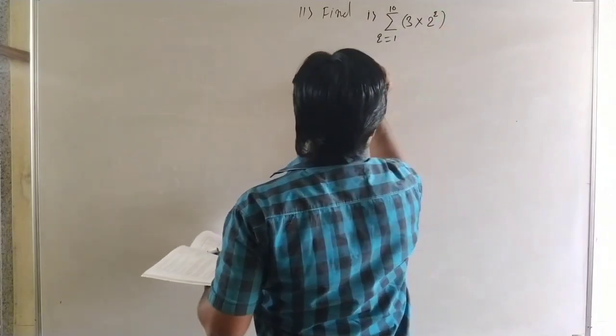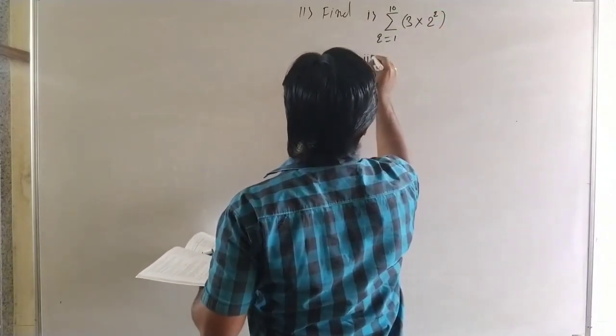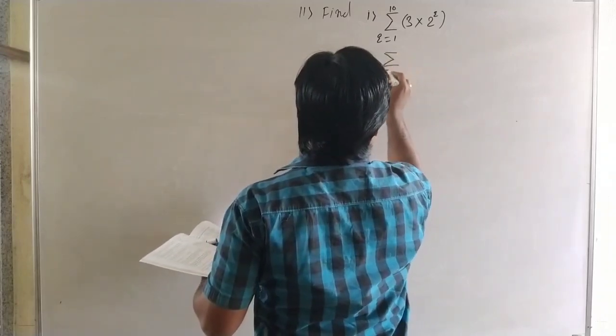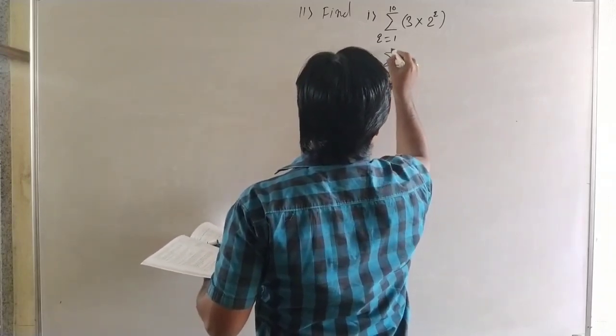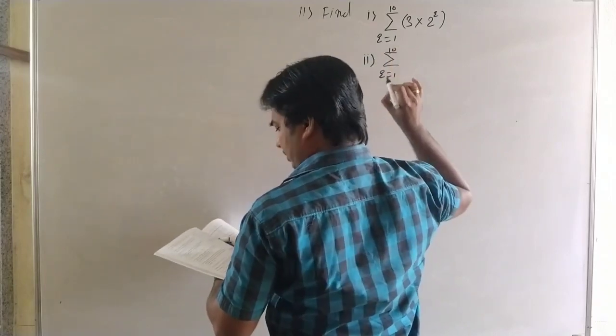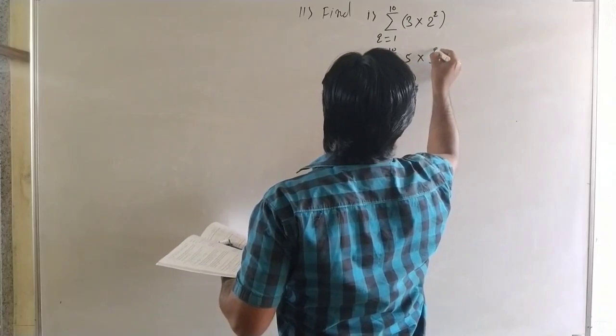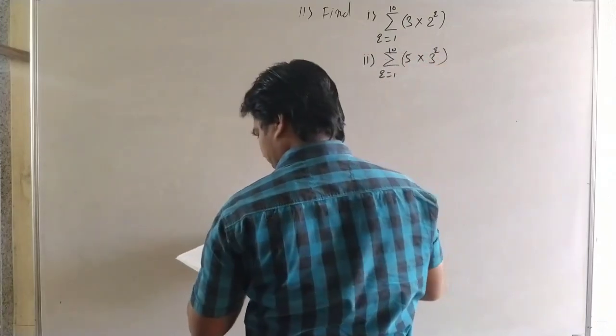We want to find this sum. And the second example, again sum of the 10 terms, r equal to 1 to 10 of 5 into 3 to the power r.